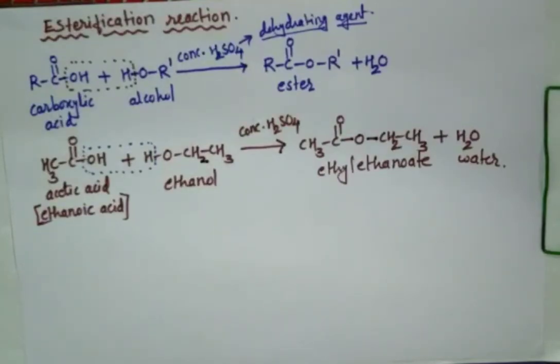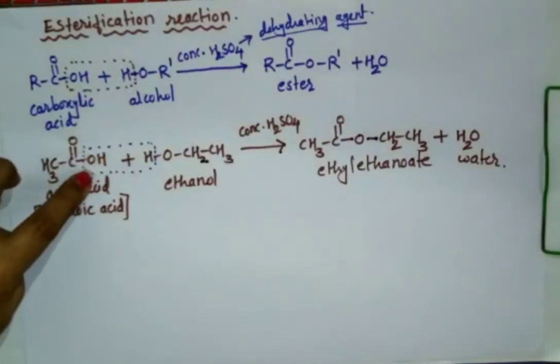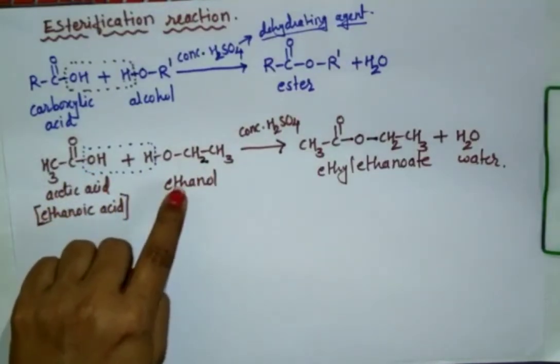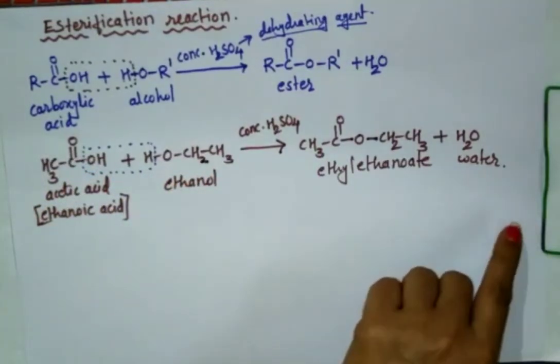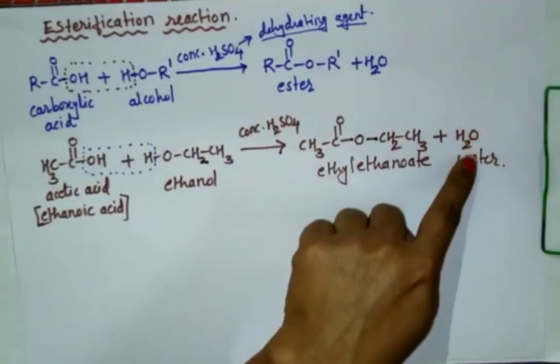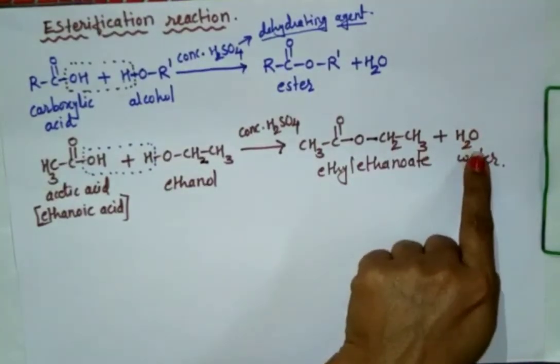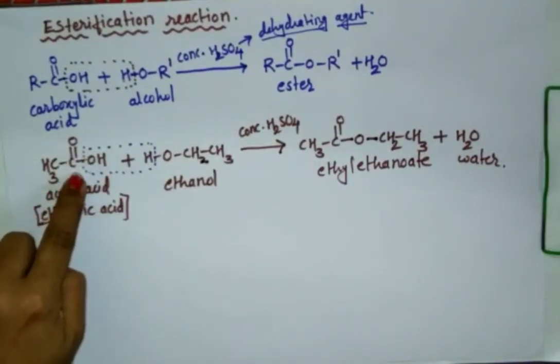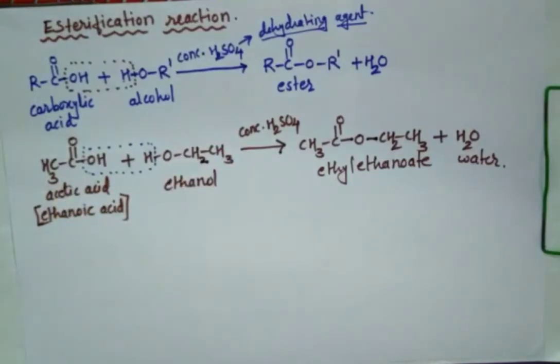The OH of the carboxylic acid will react with the H of the alcohol, and it will form a water molecule. So in this water molecule, the oxygen will be liberated or removed from the carboxylic acid, not from the alcohol. The reaction is reversible, and therefore water is removed as soon as it is formed.